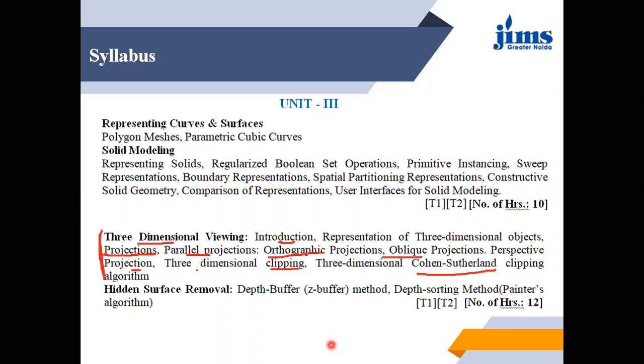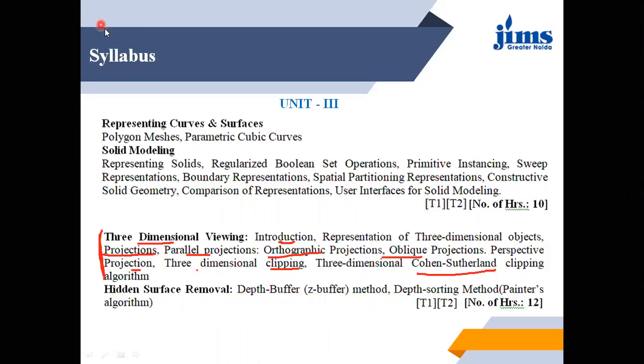Then we will discuss the hidden surface removal methods, that is, the depth buffer or Z buffer method, and the second one is the depth sorting method or Painter's algorithm.